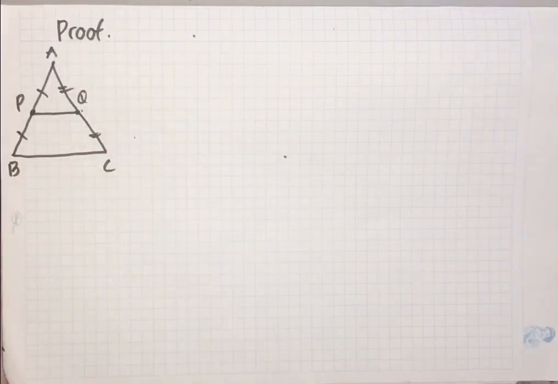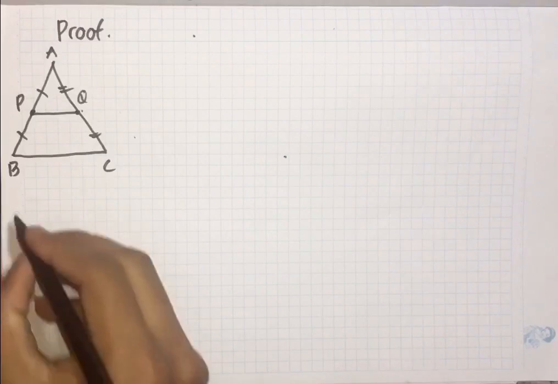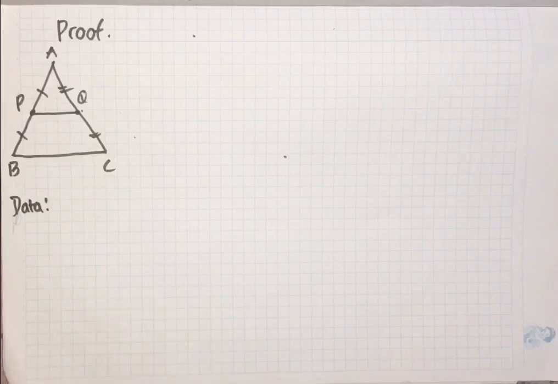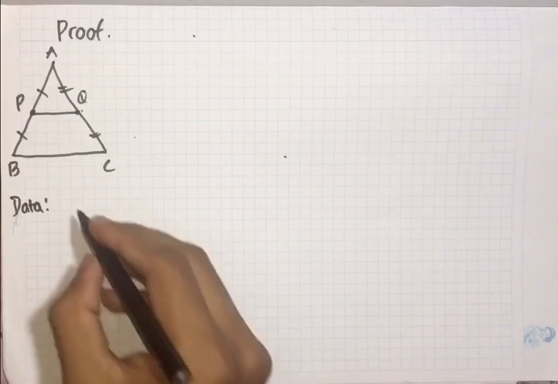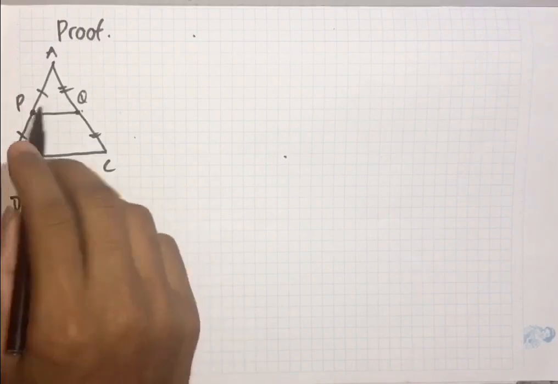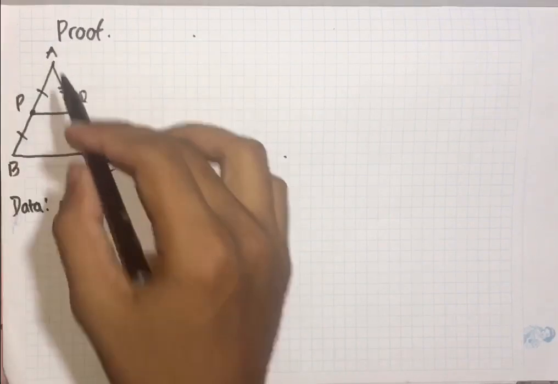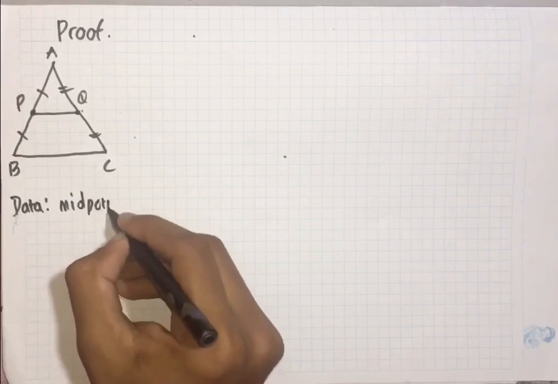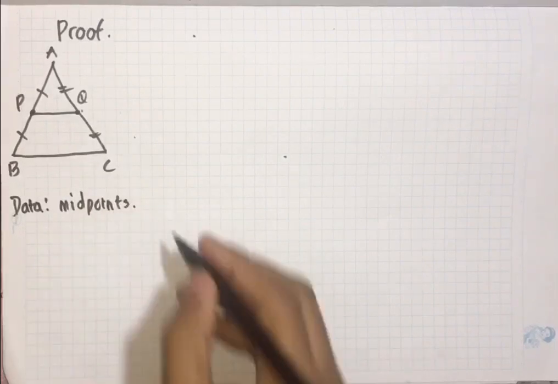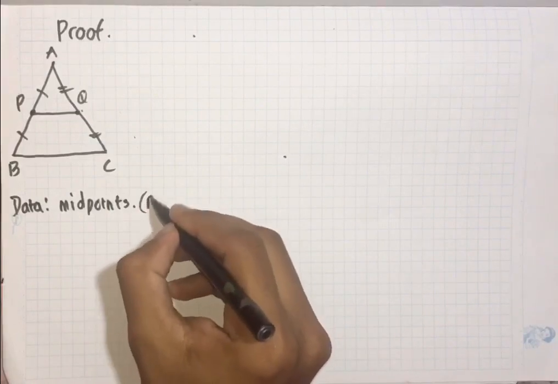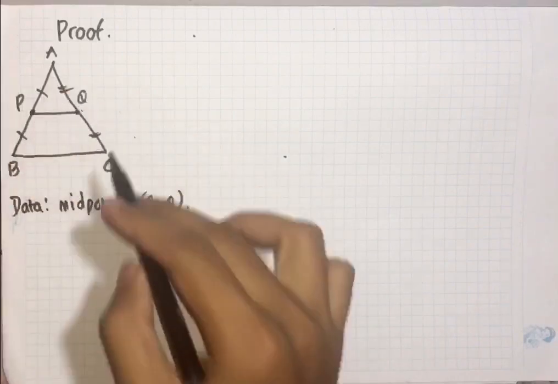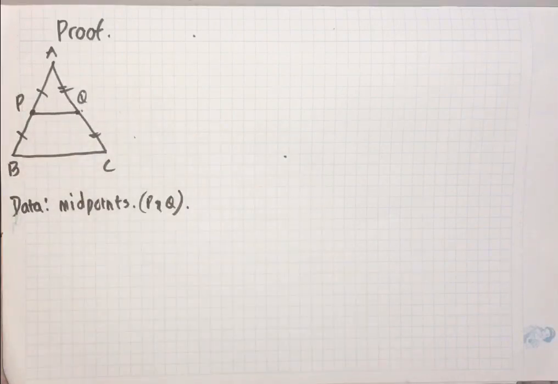Now when you are going to prove something, first you need to write all the data given. I'll make it short. The data given are: the midpoint of AB is P and the midpoint of AC is Q. Next you have to write what you are going to prove.